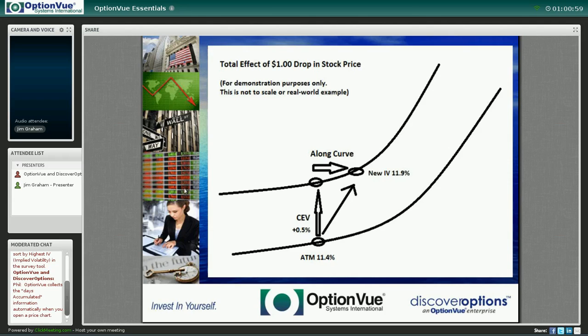So hopefully that's where it will move to. Not simply along the curve, not just the curve shifted, but both. So let me go back to OptionVue here.